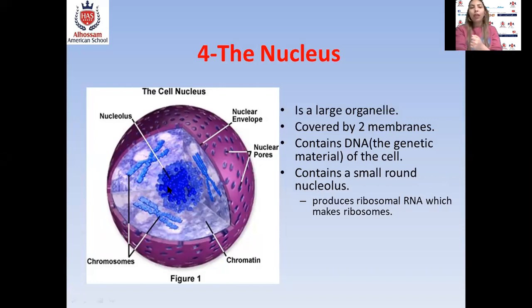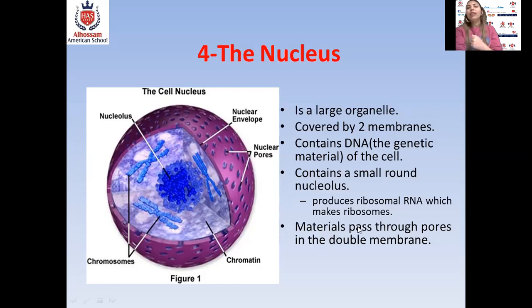So the nucleolus makes ribosomal RNA, which later makes ribosomes. Materials pass through pores in the double membrane. Also, the nucleus needs materials to enter it or exit from it through these 2 membranes via the pores.